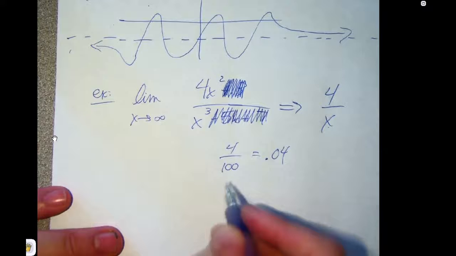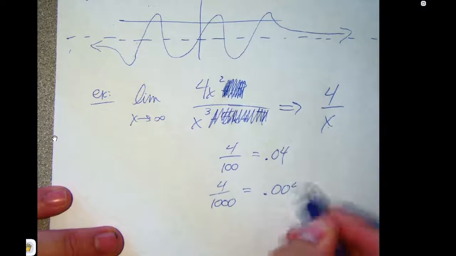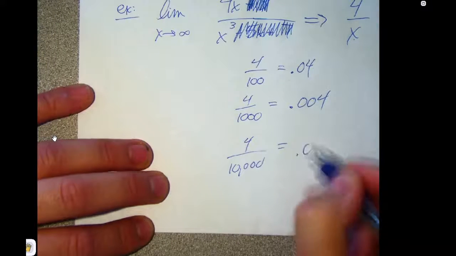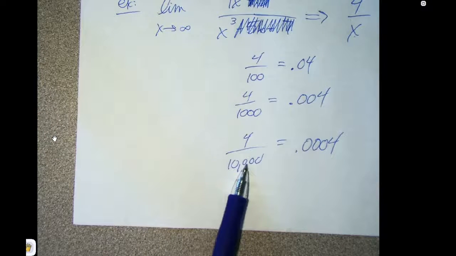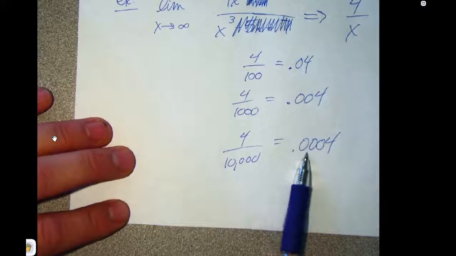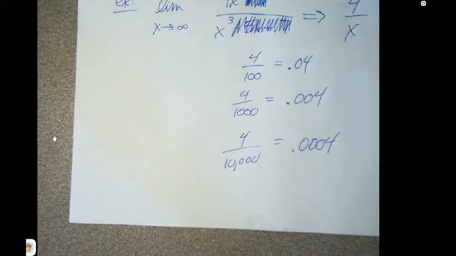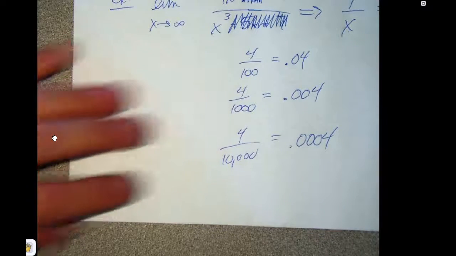Right? Okay. What's 4 divided by 1,000? 0.004. What's 4 divided by 10,000? So as I let this number on the bottom get bigger and bigger and bigger, what is this number going to get closer and closer and closer to, but it will never actually be? 0. So the answer to this question would be 0.